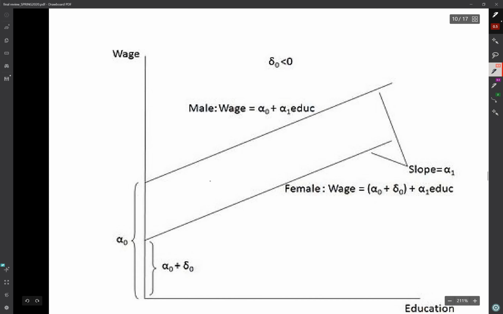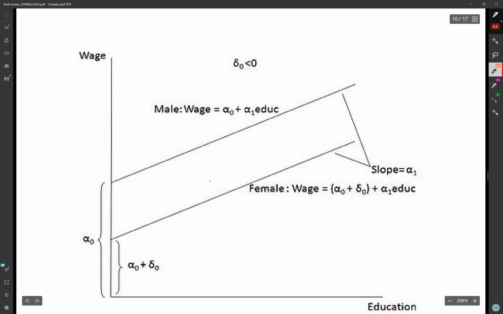For example, say we have a dummy variable that is female, and we wanted to see what the effect is of education on wages, and we included female in our regression. So maybe we had something that looked like this. Wages are equal to alpha 0 plus alpha 1 times education plus alpha 2 times female.